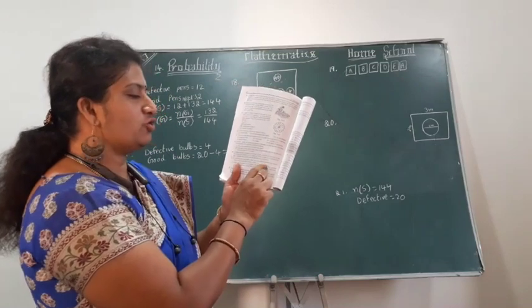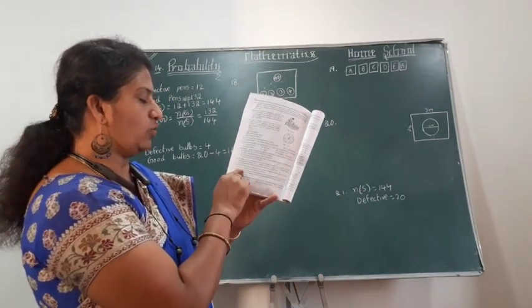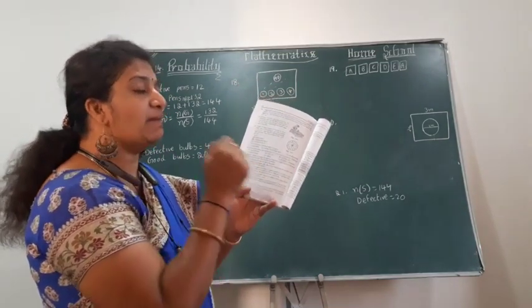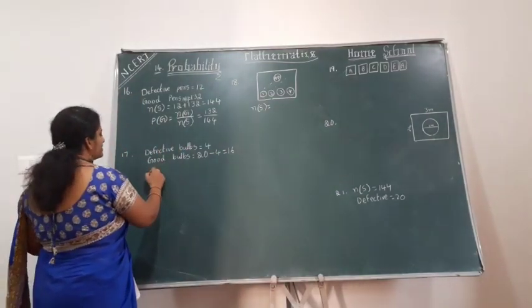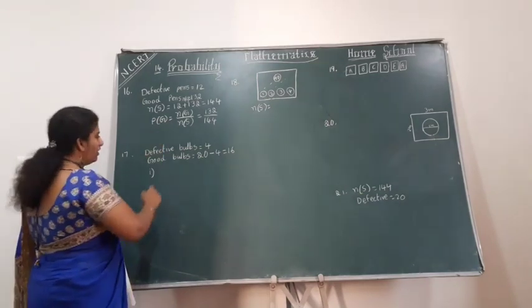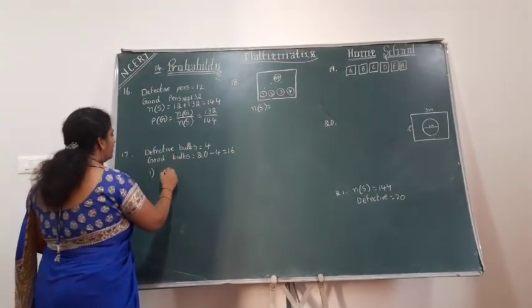So let's read the question. One bulb is drawn at random from the lot. What is the probability that this bulb is defective? How many defective bulbs are there here?